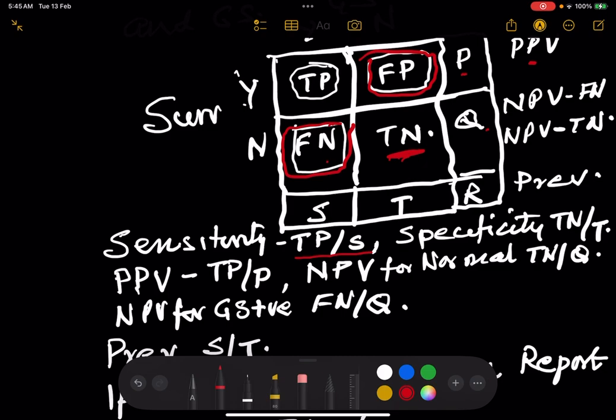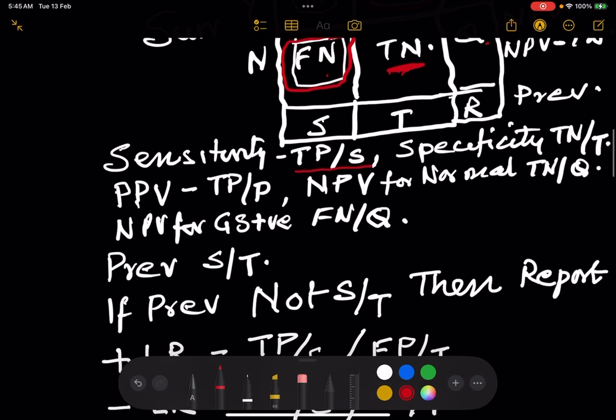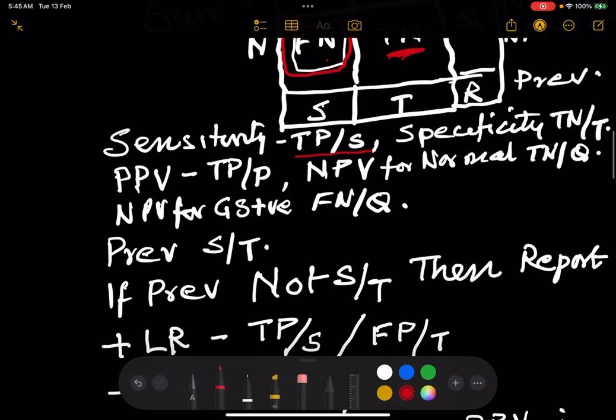The row values are positive predictive value TP upon P, and negative predictive value for normal is TN upon Q, and for gold standard positives, that means false negatives, it is FN upon Q. And the prevalence is S upon T.